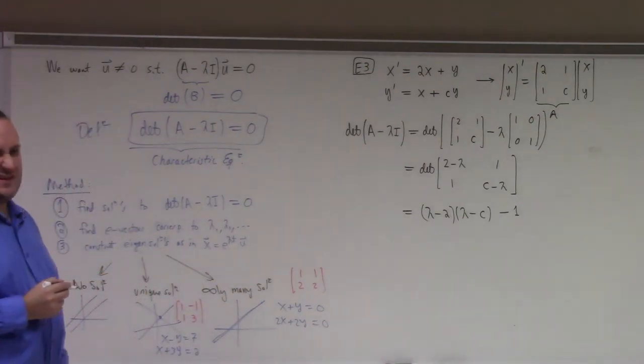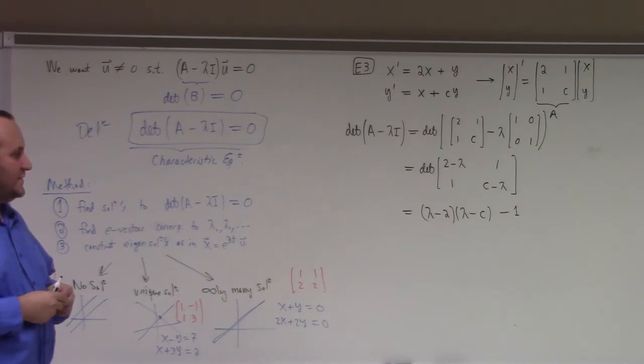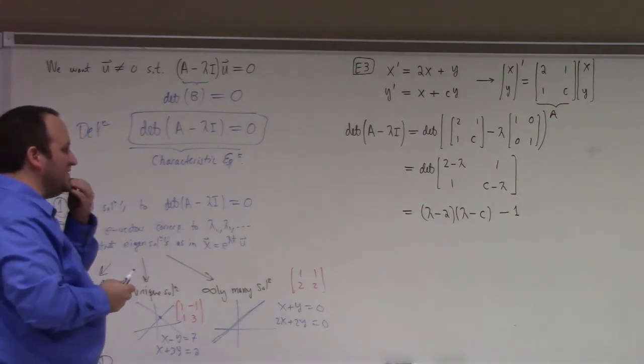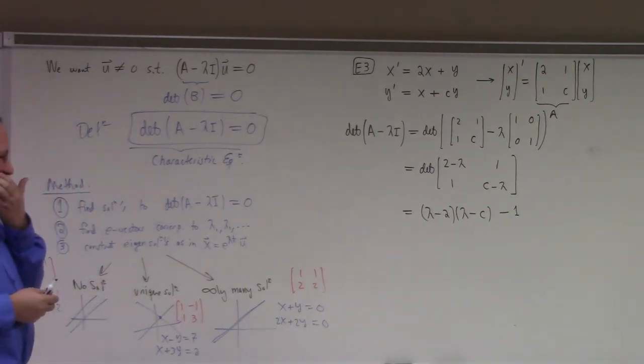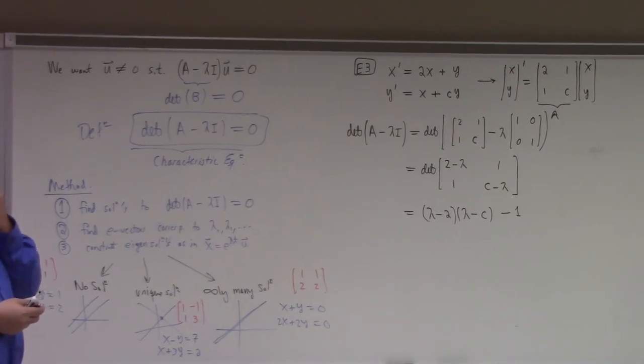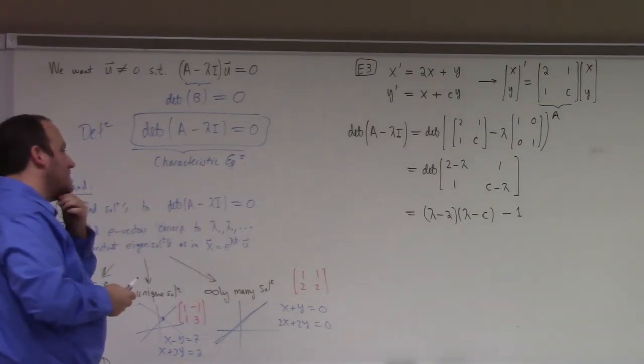This will be slightly unpleasant, but a kind of decent example. Unless you guys see a better idea, I'm thinking C equals minus 2. That at least gives me lambda squared minus 5, but I'd like to have it without roots. Can you guys tell me a C that'll give me integer solutions? If you had plus 2, then you would have some difference, so you'd have lambda squared minus 4.